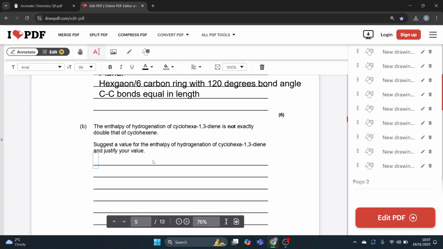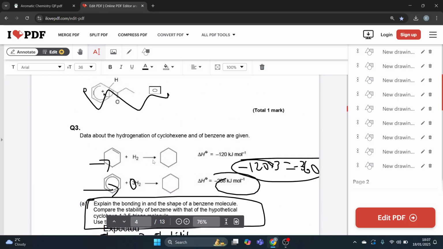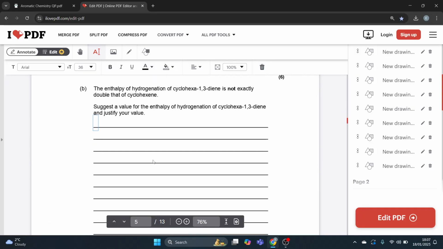So the value really should just be between minus 121 and minus 239. That should be fine. So say minus 121. Why? And justify my value?